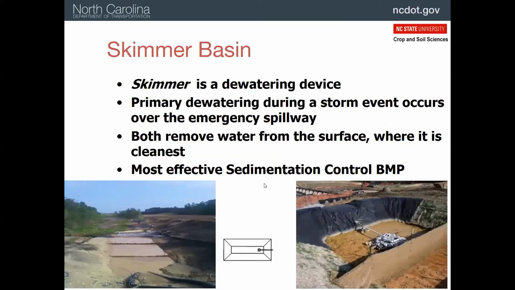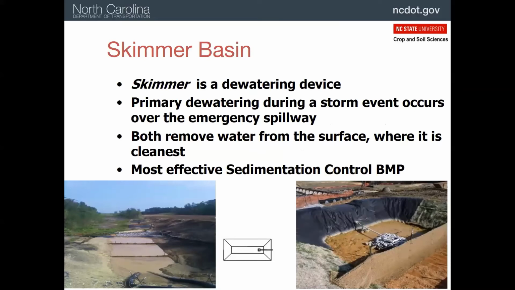Now this is what I would call our workhorse device, the skimmer basin. The skimmer functions to slowly dewater these basins. In the picture on the right, we've got a full basin. You can barely make out right there, there's a skimmer, and it's slowly going to drain down. This is the skimmer after a storm event. You see the pipe through the dam.